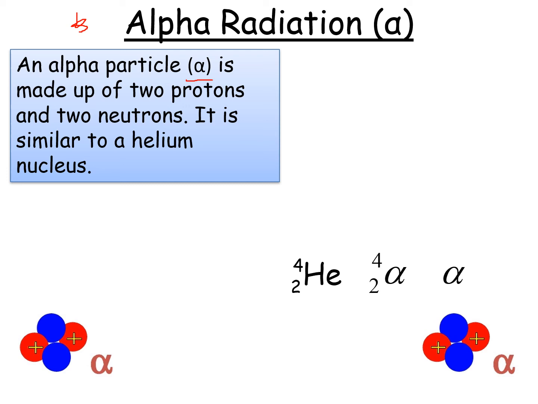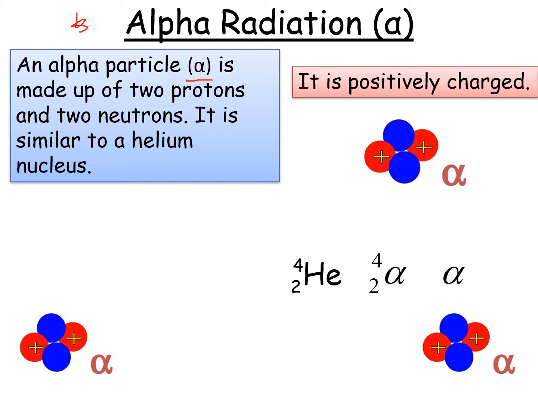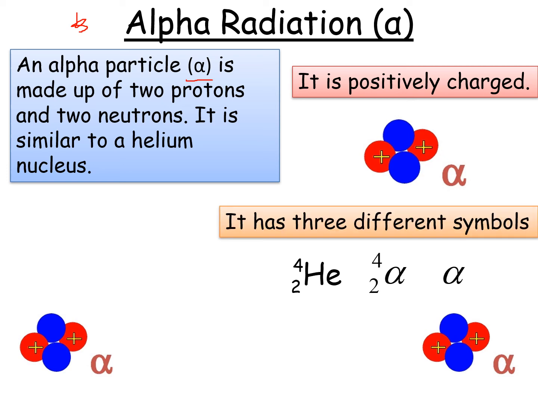So remember, helium is an element that has two protons and two neutrons with the electrons removed. Because it's just got two protons, and protons are positive charge and the neutrons are neutral, alpha particles are positively charged. It's got three different symbols which I would like you to recognize. This one here and this one are the two most commonly used, so make sure you know that.